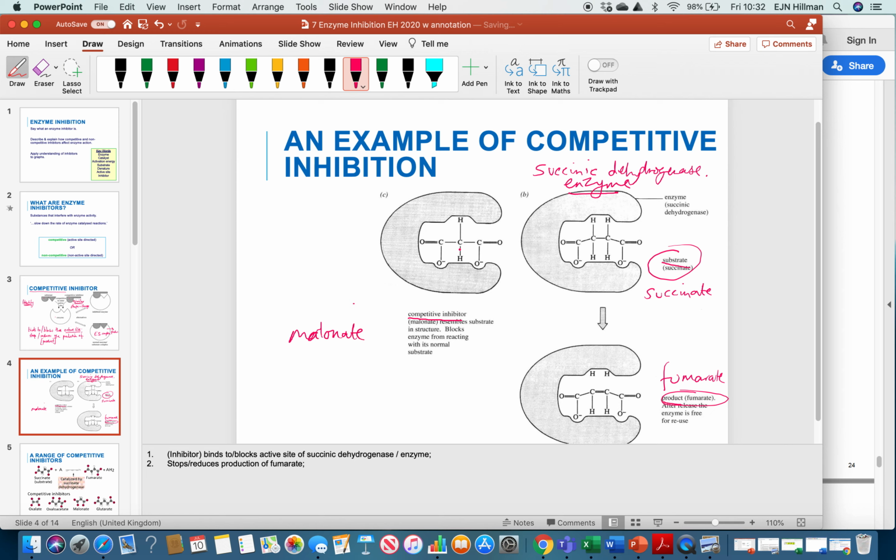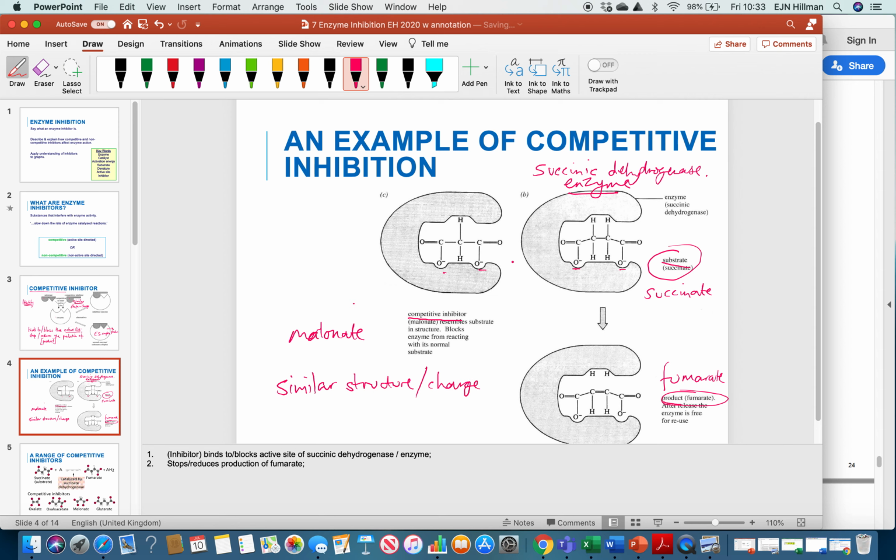Okay, now what can we see? The malonate, the inhibitor, and succinate, the substrate, have a similar structure. We can say they have a similar shape. And they've also got, if you notice down here, here and here, a similar structure and a similar charge.